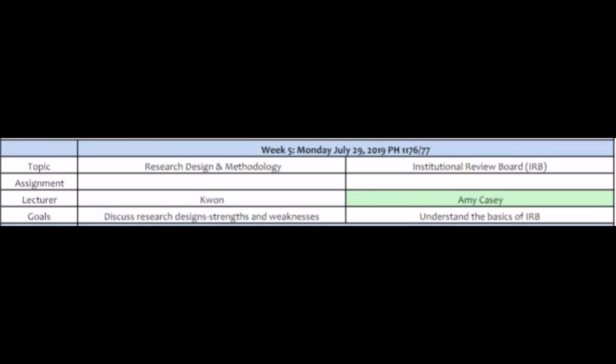We had 3 different study designs for observational. One was cross-sectional, correct, and then cohort, and then case-controlled studies. Perfect. So we have 3 types of designs in the observational category.